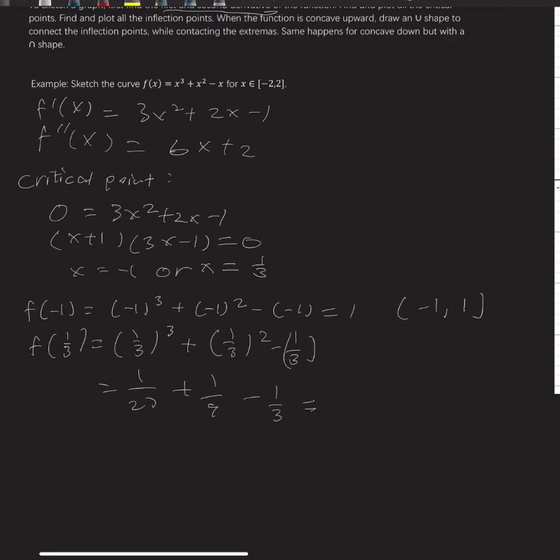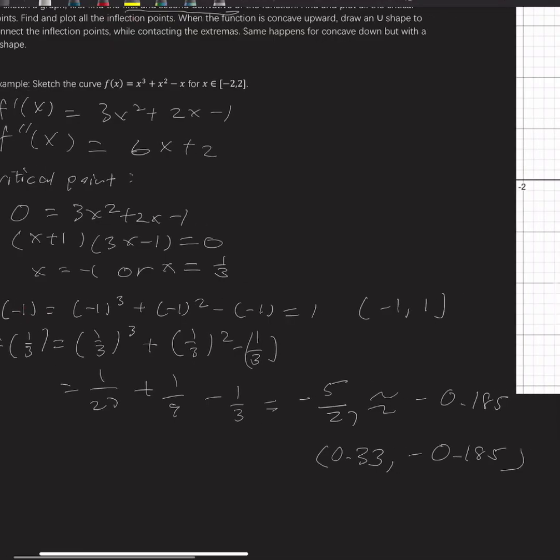So that's -5/27, which is approximately equal to -0.185. So we should plot 0.33, which is the approximate value for 1/3, and -0.185, the critical point.